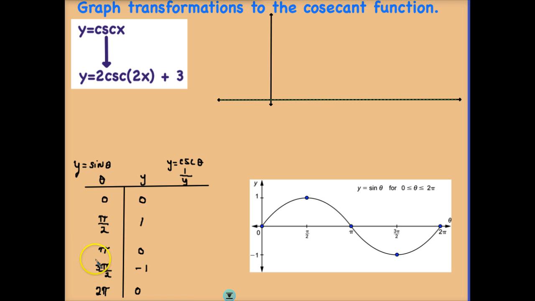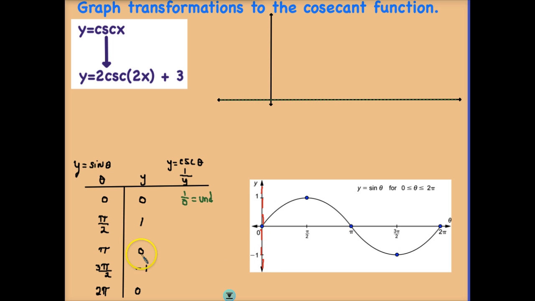If we think about our cosecant function, however, this is the reciprocal of the sine function. So if we take 0 over 1 and we take the reciprocal, we end up with 1 over 0, which is undefined. How does that look in our graph? Well, at 0, since we have an undefined value, we would need to put in an asymptote here.